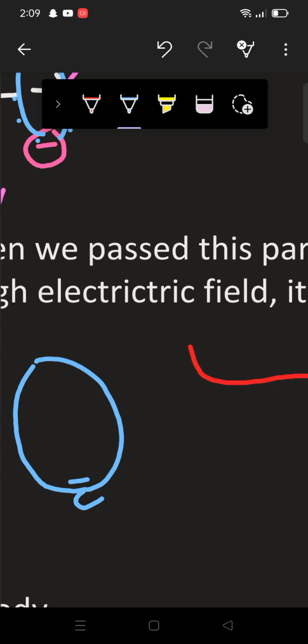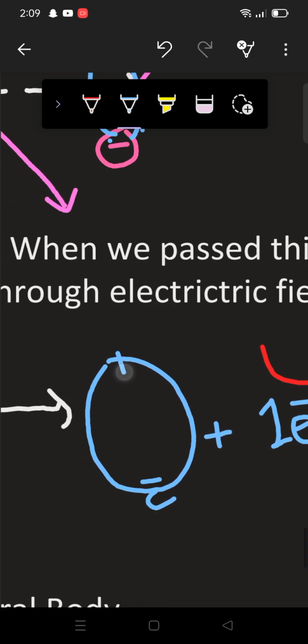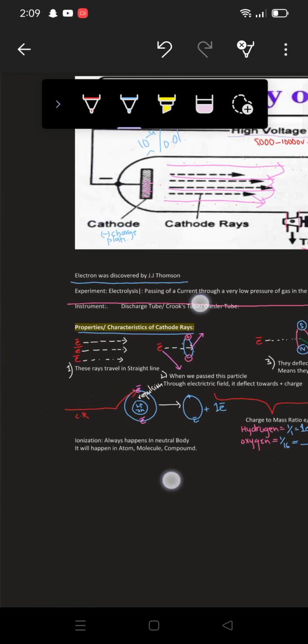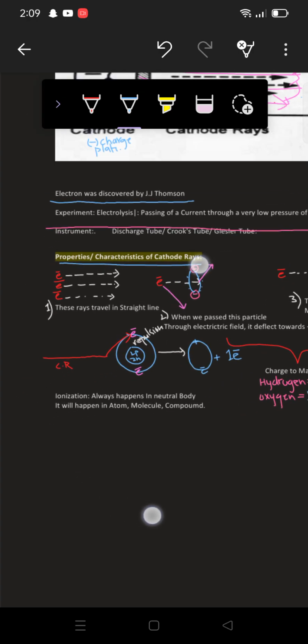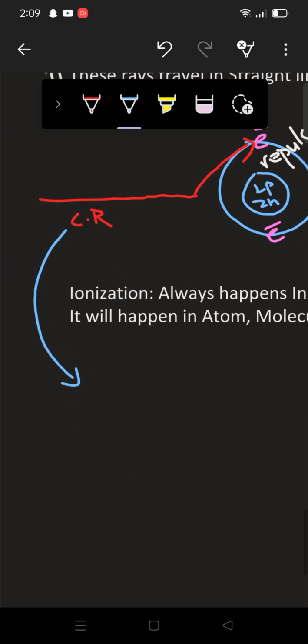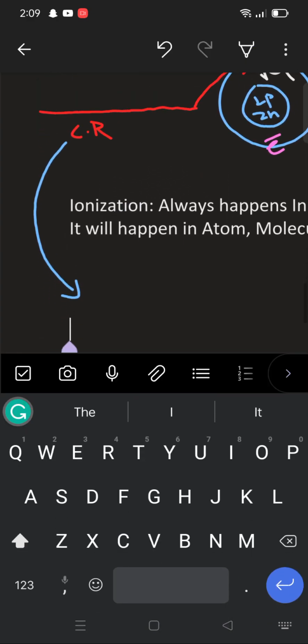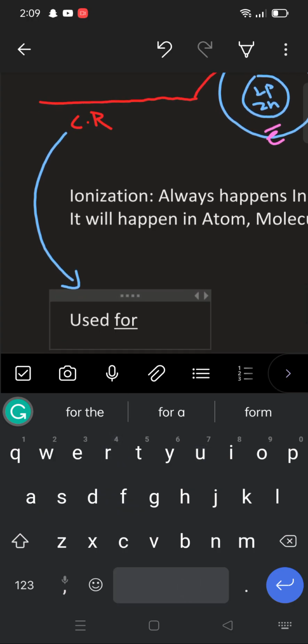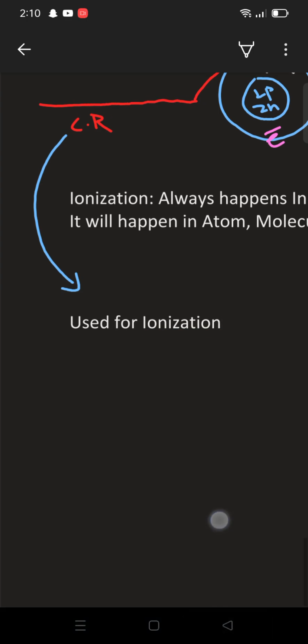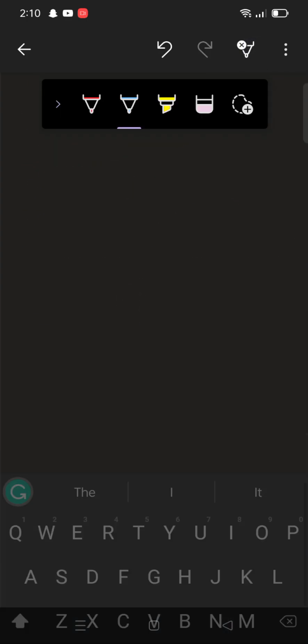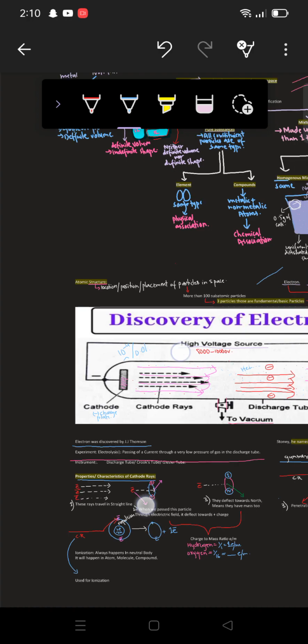Since 1 electron is repulsed, knocked out, here we have a positive charge now. So this Cr has the power to ionize neutral bodies as well, right? So this cathode ray is used for ionization.